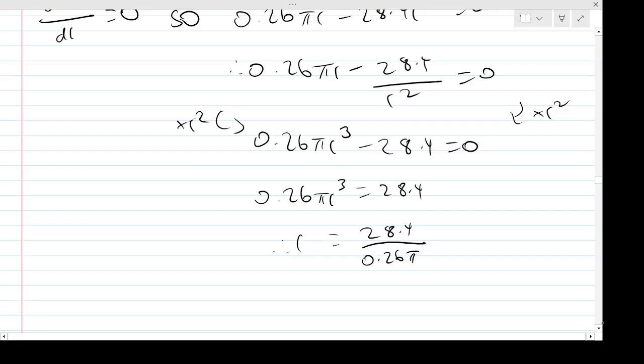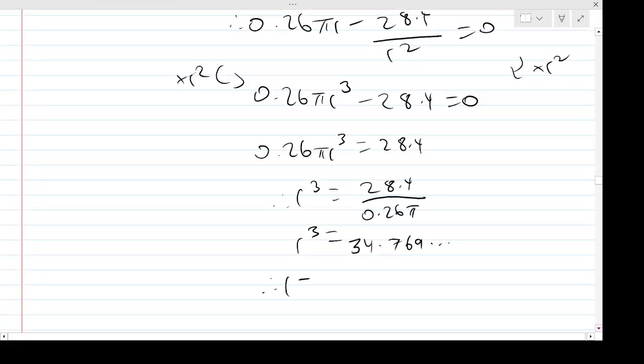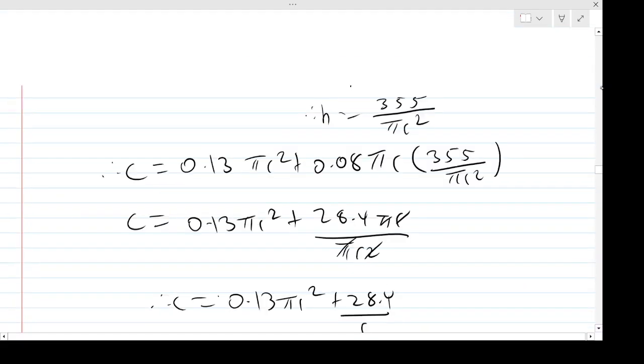So r cubed is 34.769 and so on. I need to cube root that. If I cube root that, I get r to be 3.26 centimeters, to 2 decimal places when I round it.